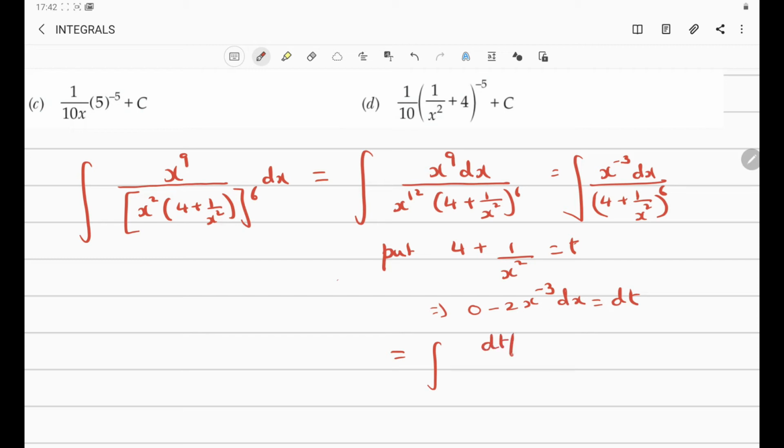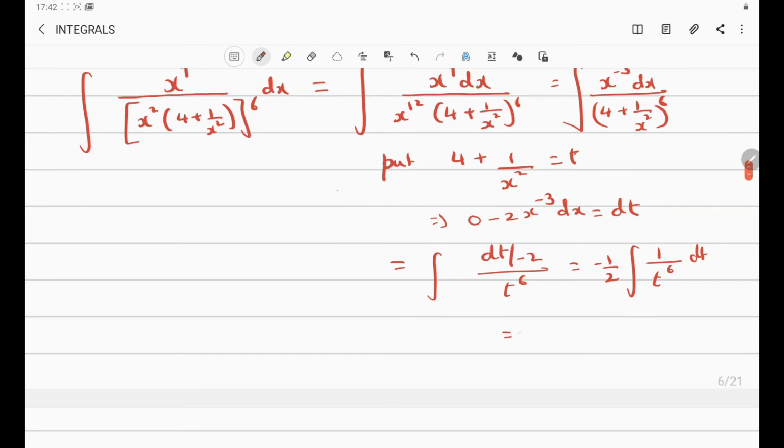So we get dt by minus 2 divided by t to the power of 6, that is negative 1 by 2 into integral of 1 by t to the power of 6 dt. So this can be simplified as minus half into t to the power of minus 6 plus 1 by minus 5 plus constant of integration c.